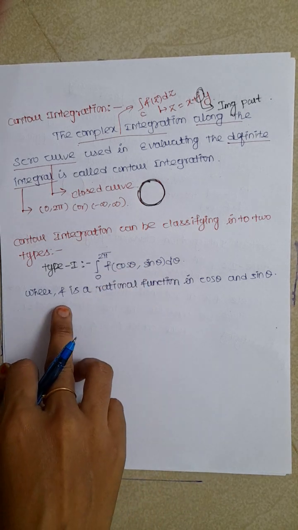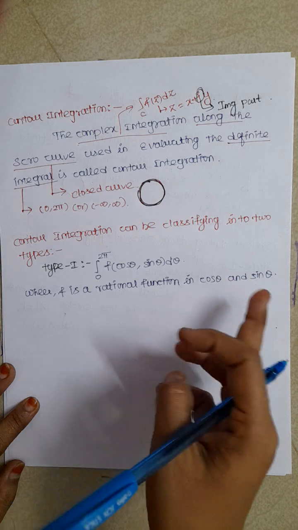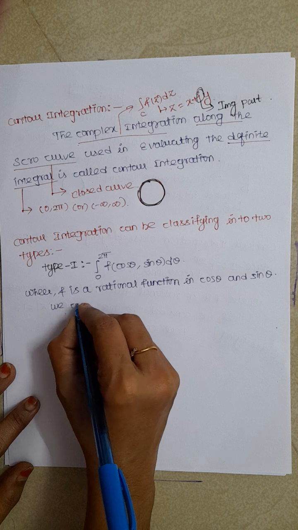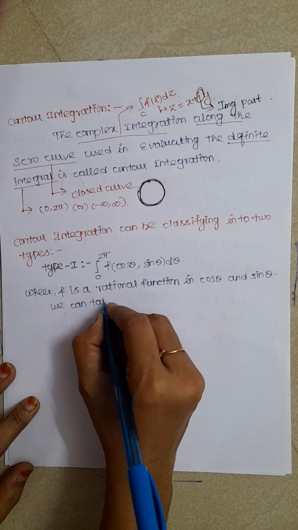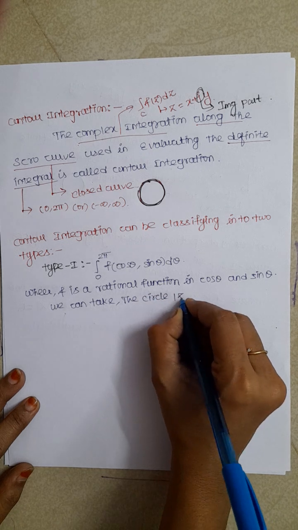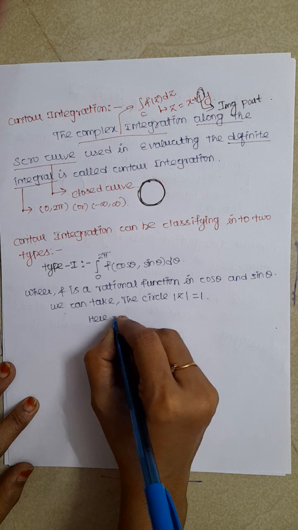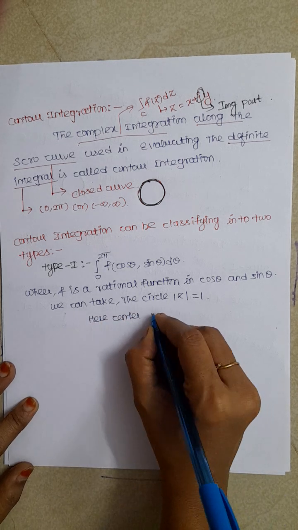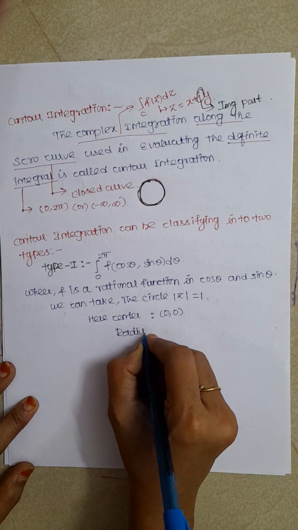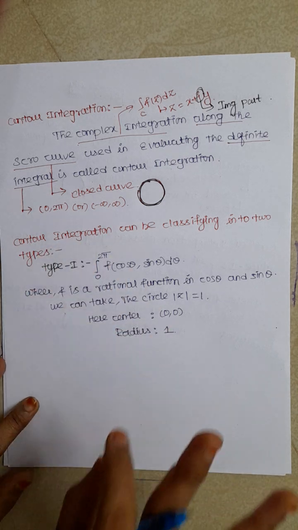Here f is a function, and that function is a rational function in cos theta and sin theta. Here we can take the circle modulus of z equal to 1, with center 0, 0 and radius 1. This is type 1.